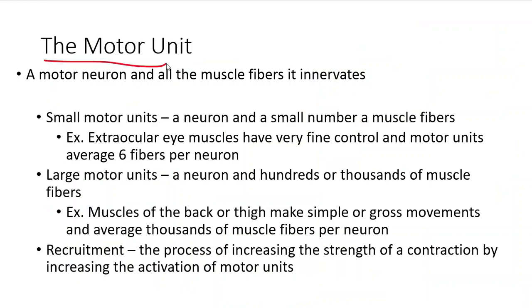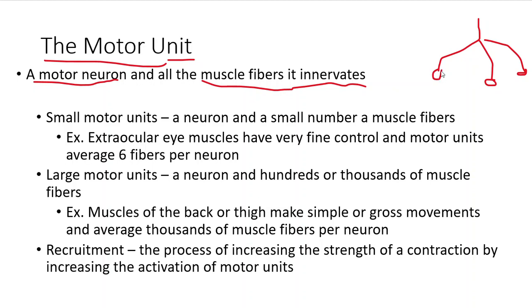Motor unit, we talked about the motor end plate. A motor unit is a single nerve, a motor neuron, and all the cells that it controls. Even though there's only one axon on a nerve cell, it splits into different ends. There can be several of these. Small motor units is where a neuron has a very small number of muscle cells.